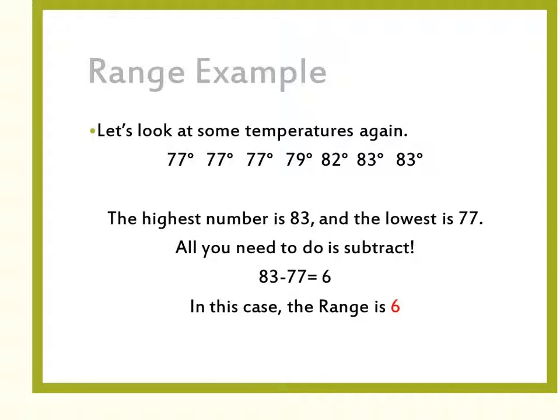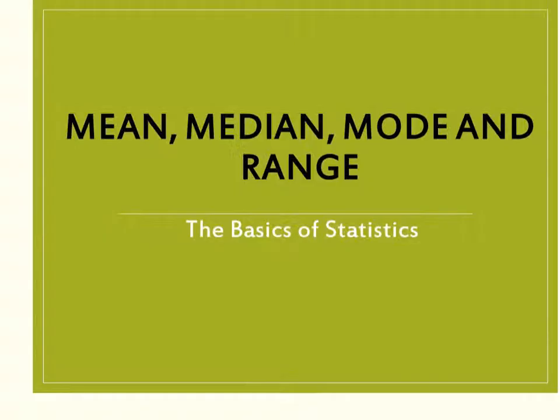In this example with the temperatures for the week, I take my highest number, which is 83 degrees, and subtract from that my lowest number, which is 77 degrees. And 83 minus 77 is 6. So the range of numbers is 6. And now you know how to find the mean, median, mode, and range.